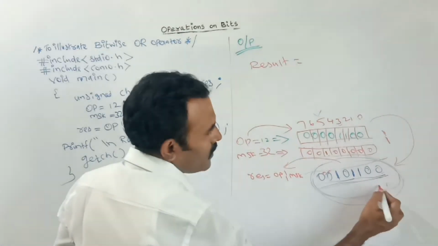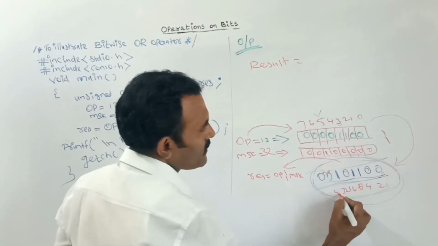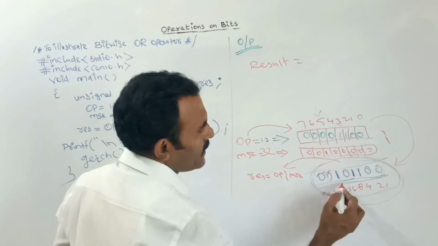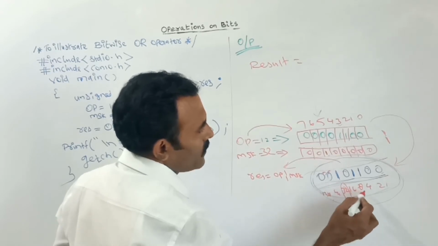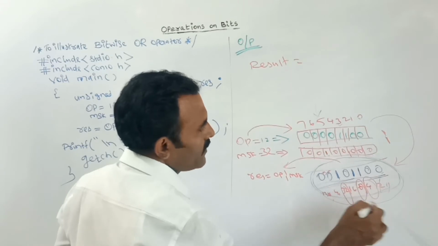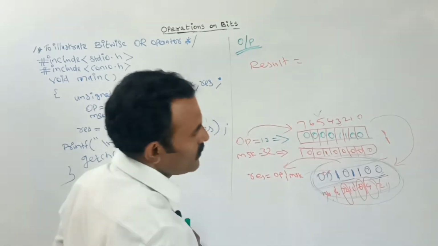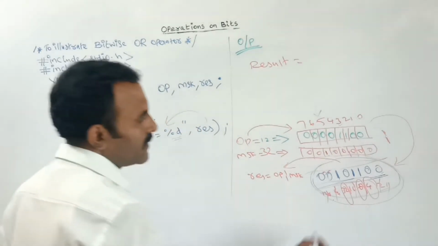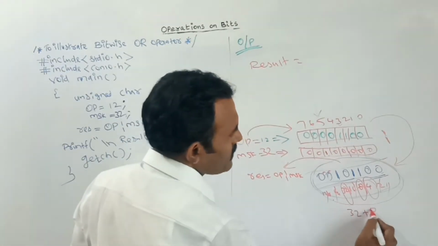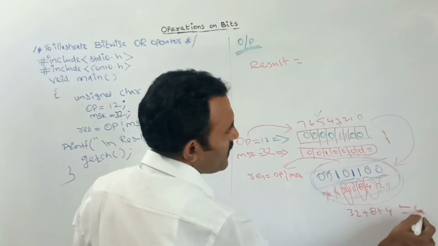Here 1, 2, 4, 8, 16, 32, 64, 128. Here 1 into 32, 1 into 8, 1 into 4. Every remaining bit is 0, and multiplying with 0 gives 0. Here 32 plus 8 plus 4, so the answer is 44.